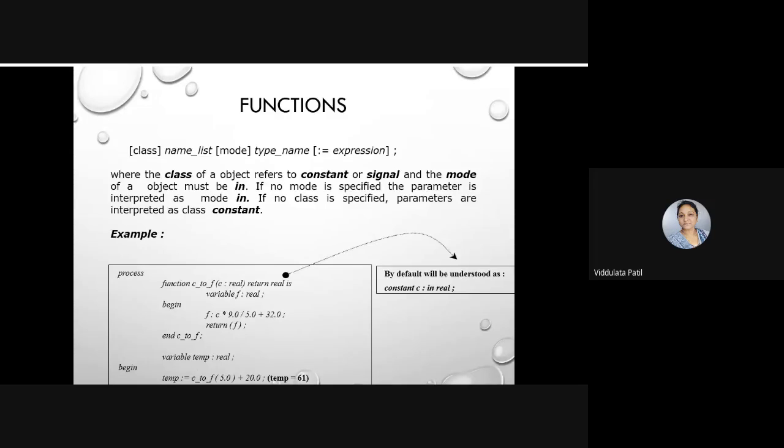So now if the value of c is equal to 5.0, so what will be the value of temp? काय करेल तो इथे? How will this program get executed? Whenever we have this here, this will call this function c2f, and then from this value of c, this will calculate this f value.